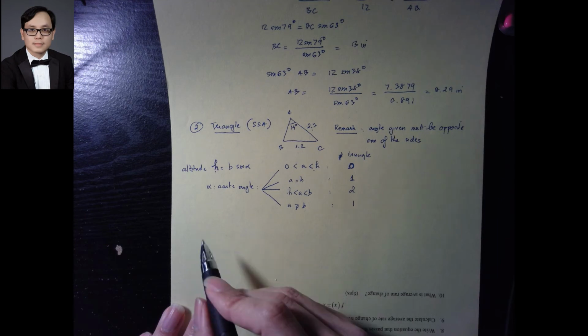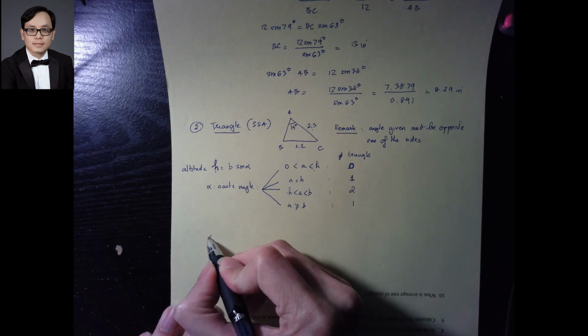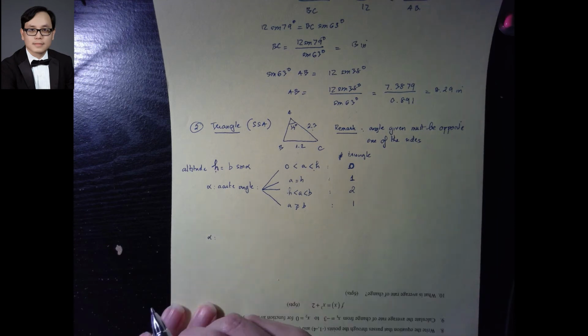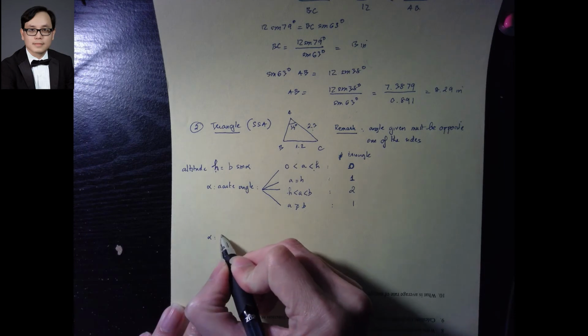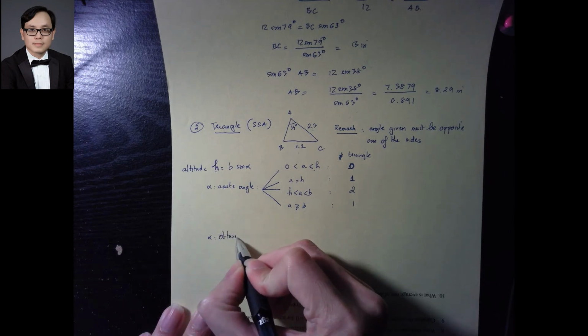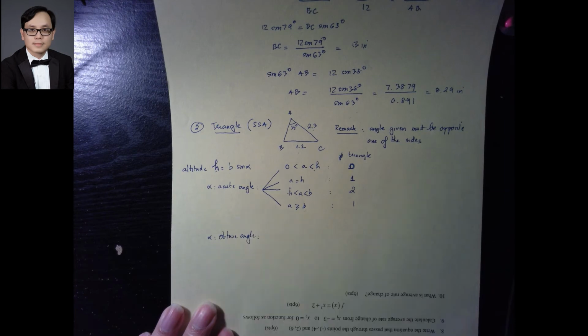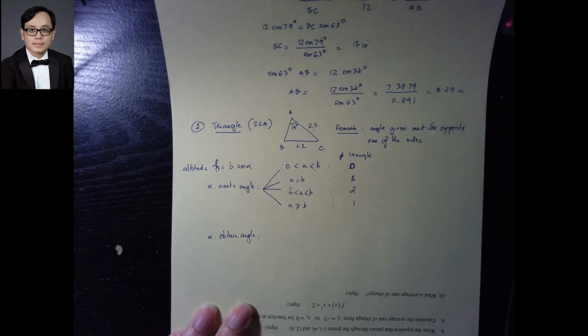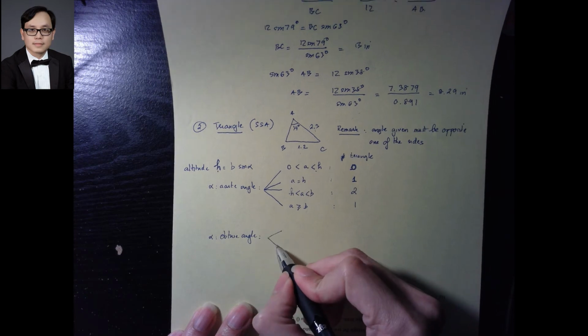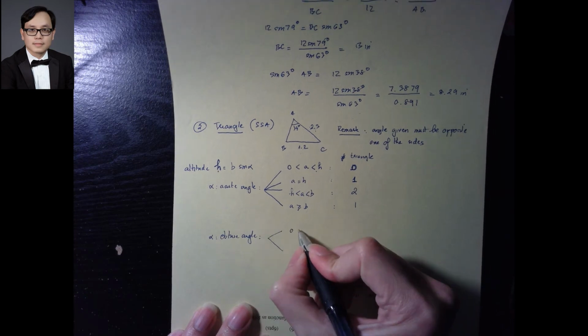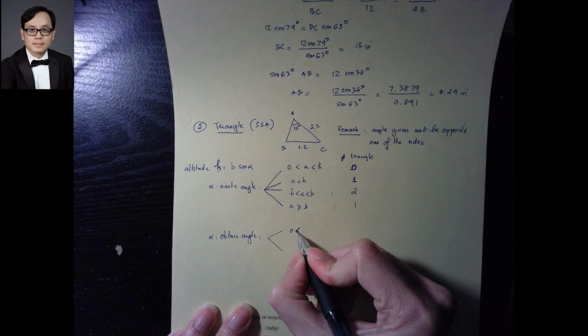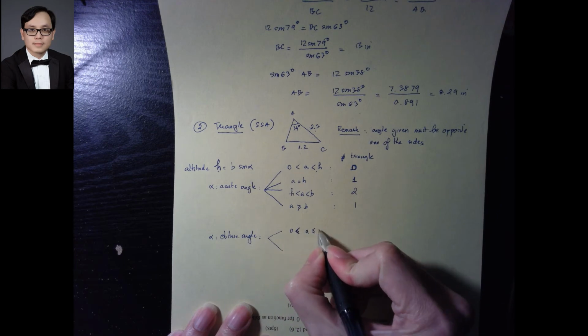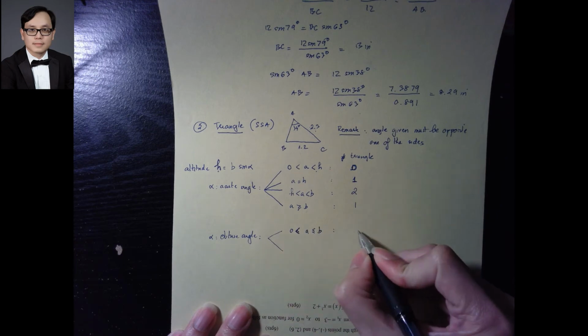Another case is when you have angle alpha as an obtuse angle. For this case, we divide it into two subcases. If A is greater than 0 but less than or equal to B, then we have zero triangles.